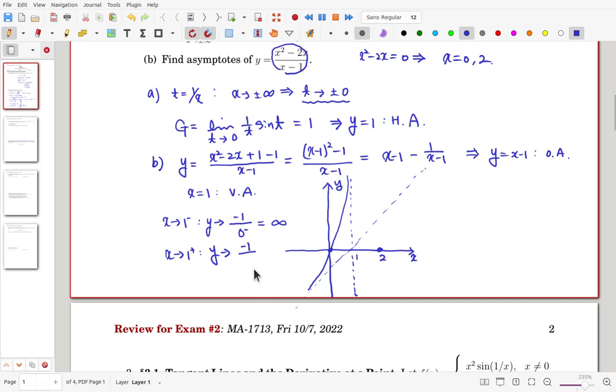So that is 0 plus, and the whole thing is negative but becoming large in magnitude, which means it is approaching minus infinity. So as x approaches from the right, the value will go down to minus infinity. Start here and pass this point, but as x becomes large, it approaches the oblique asymptote. So that is a sketch of the function.